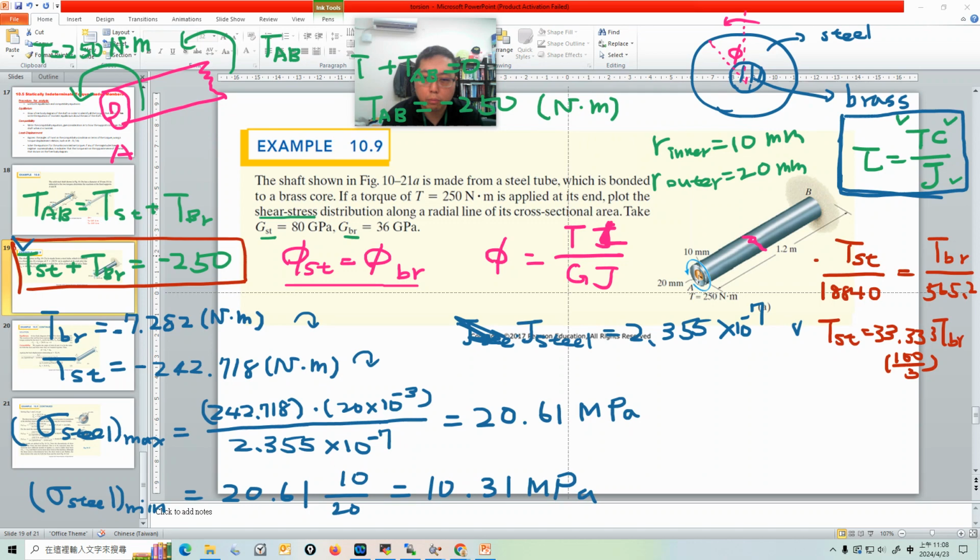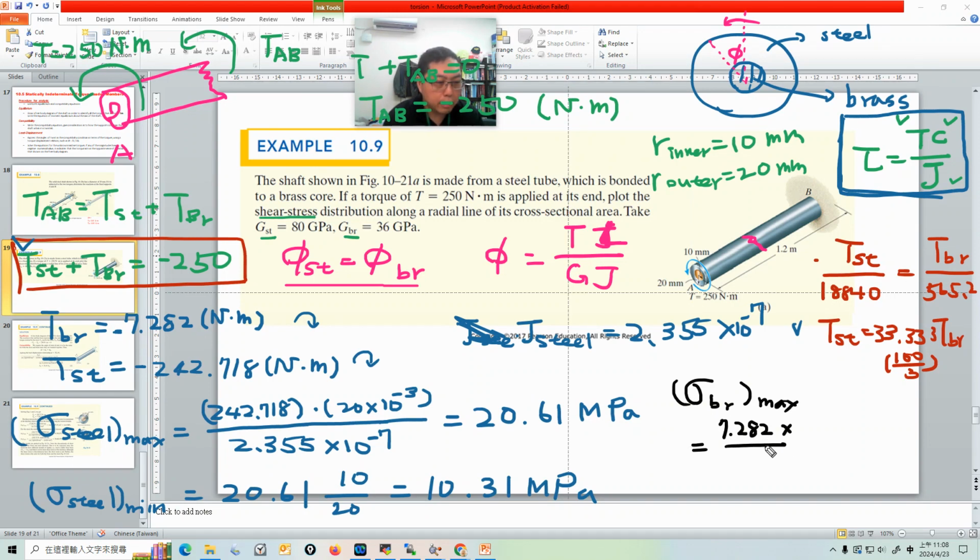The maximum is equal to TC over J. So T is 7.282. Right now we just ignore the negative sign, because the negative sign just means the direction of the torque, and we only consider magnitude.